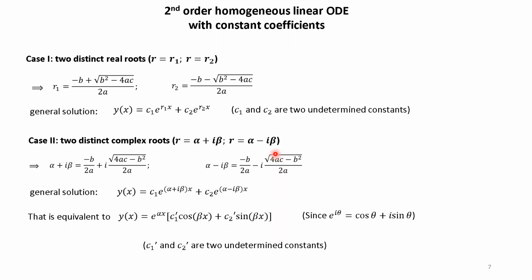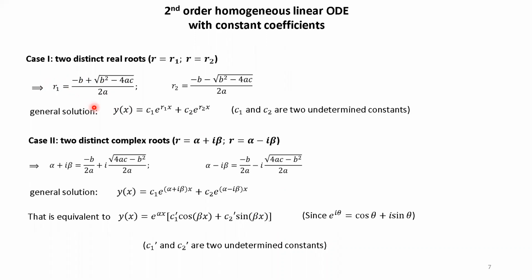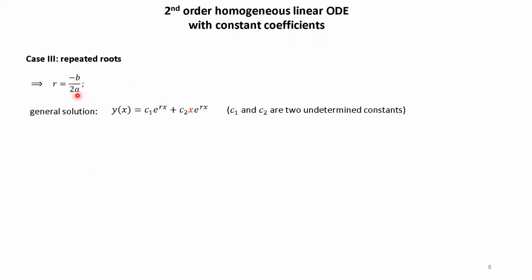So finally, the third case is the so-called double root or repeated root, right? So I only get this R equals minus B divided by 2A, right? So that means when I have this B squared minus 4AC equals 0, then I get this repeated root.